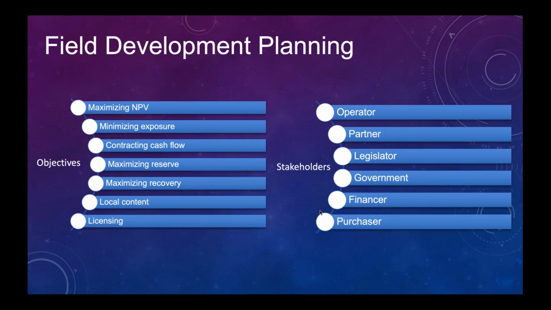However, we need to combine and integrate those objectives to meet the final desired end result, which is producing at the end of the day. So those are the elements: maximizing recovery, minimizing exposure, the contracting workflows, reserves, and licensing as well, because this land will be awarded to someone in order to explore and accordingly produce from the field.